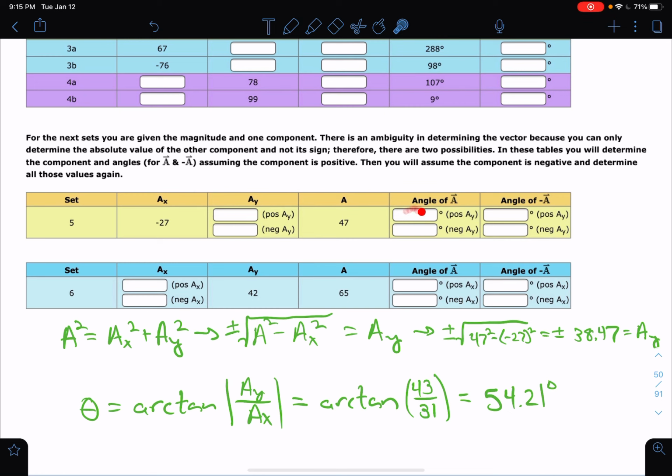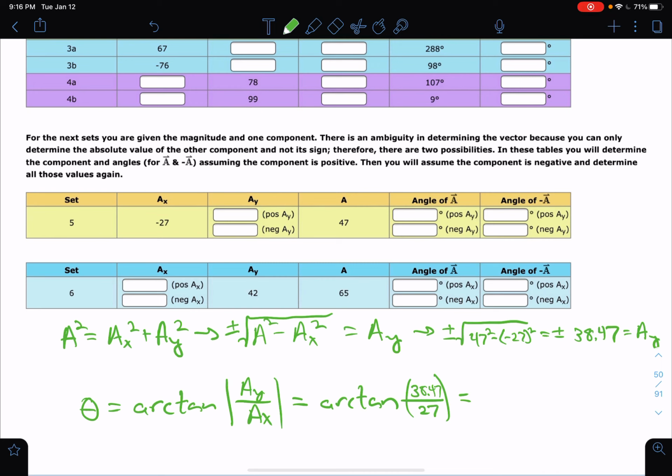Now I'm going to go through and figure out the angles. And when I'm figuring out the angles, I'm going to set it up here. So I'm taking the arctangent. Let's see, so the y component is 38.47. The x component is 27.